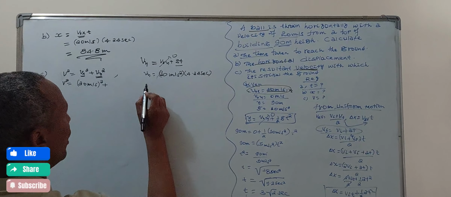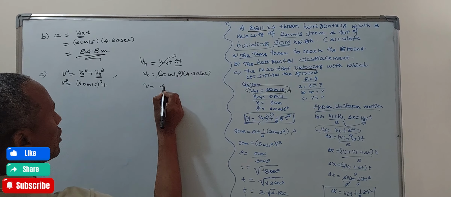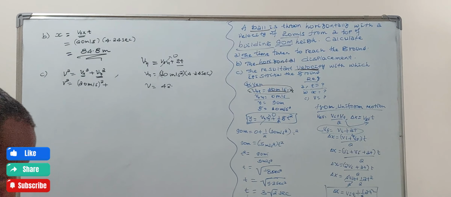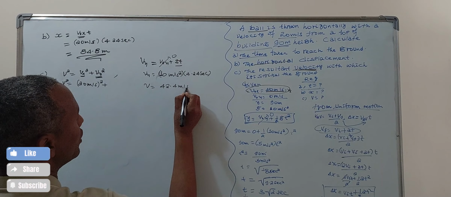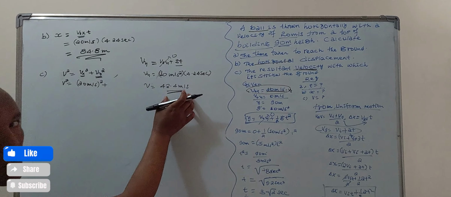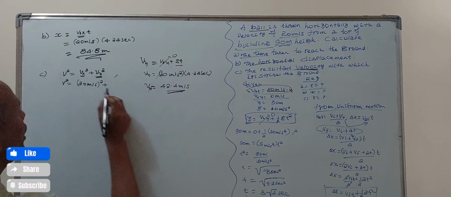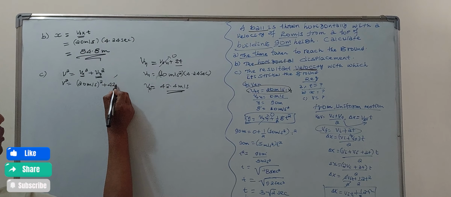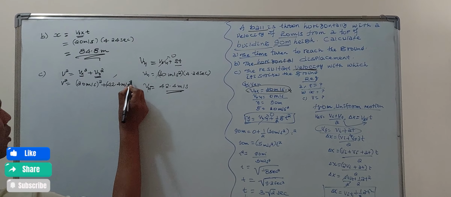Then vy is, I think, 42, let me just double confirm, 42.4 meters per second. So you can plug this term over here, this is vy, and vy is 42.4 meters per second, the whole squared.